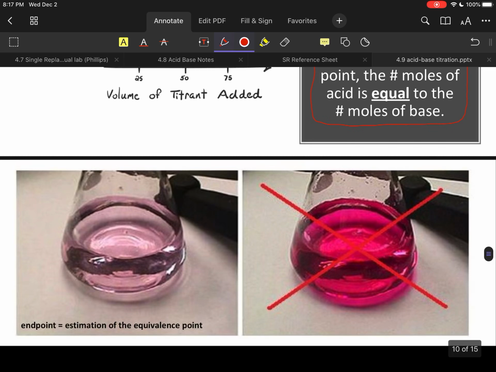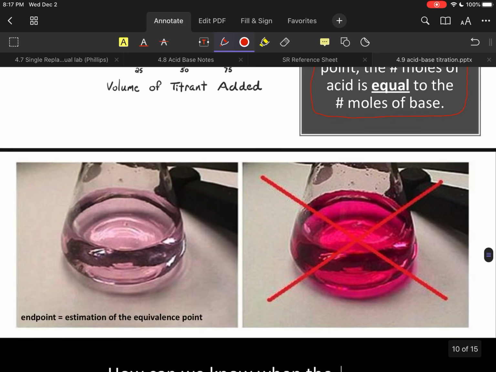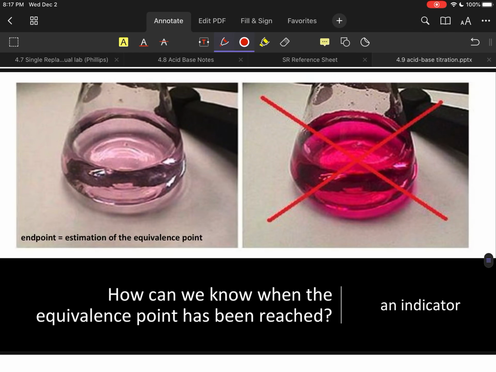So this is our flask, and what we use is something called an indicator. This indicator that turns pink is called phenolphthalein, and it is clear when you have an acid.